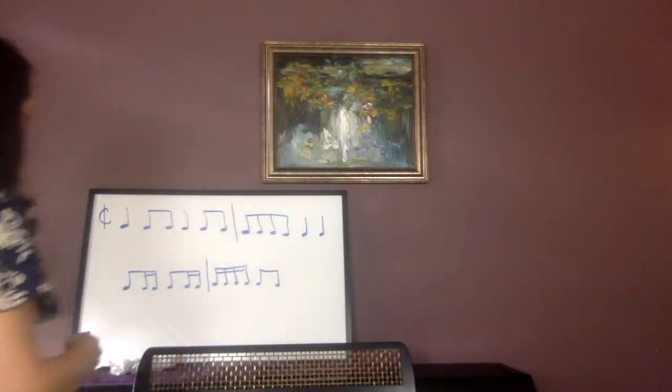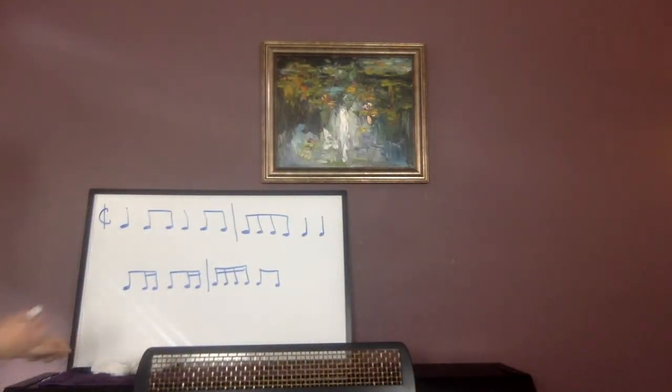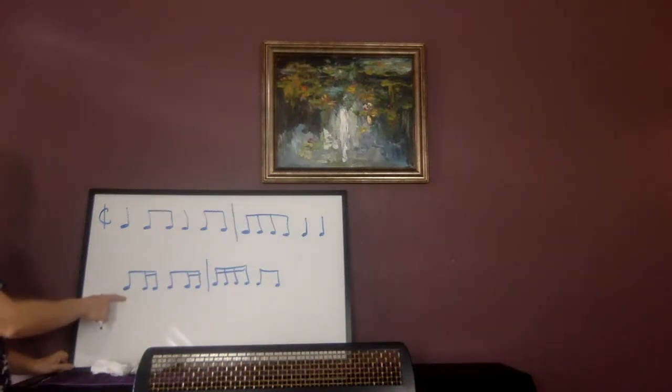So I want you to look at 149 and let's think about how to count this. You can't say 1, 2, te, 3, 4 te, because there are only 2 beats in a measure, right? And a quarter note doesn't get the beat anymore. The half note gets the beat. So I've got this up on the board here, and I want to show you what I did. Down here, I have this same rhythm written out in 2/4 time.